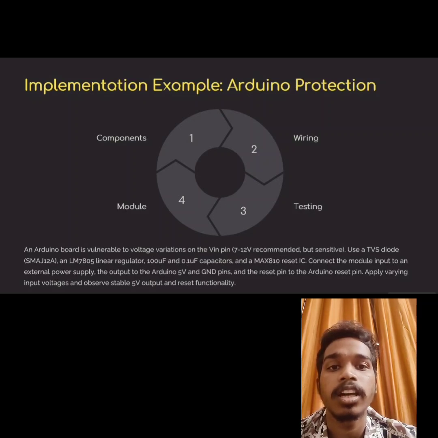Use a TVS diode, an LM7805 linear regulator, 100 microfarad and 0.1 microfarad capacitors, and a MAX810 reset IC. Connect the module input to an external power supply. Connect the output to the Arduino 5 volt and ground pins, and the reset output to the Arduino reset pin. Apply varying input voltage and observe the stable 5 volt output and the reset functionality.